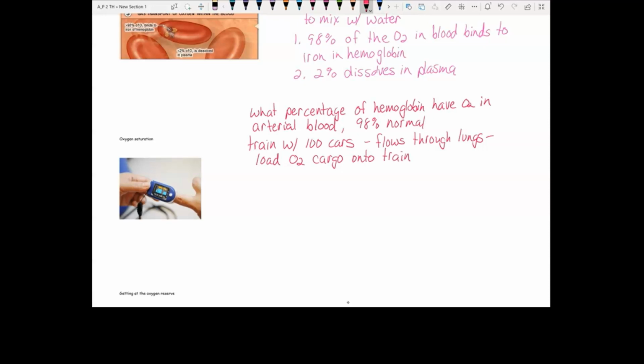In a normal person, you will get oxygen onto 98 of the cars, and 2 of the cars will slip by you without getting any oxygen onto them.